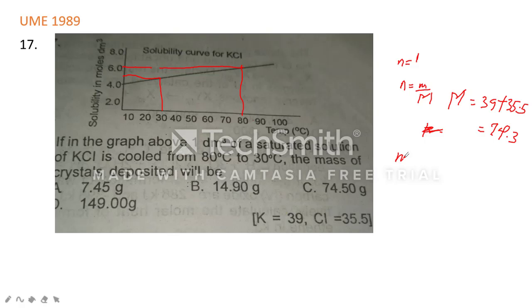Of course, the mass is going to be mole times molar mass, which is 74.3, and I'm pretty sure that is 74.5. Pretty sure it's probably because of the rounding there. So that should be 74.5. So that is option C.